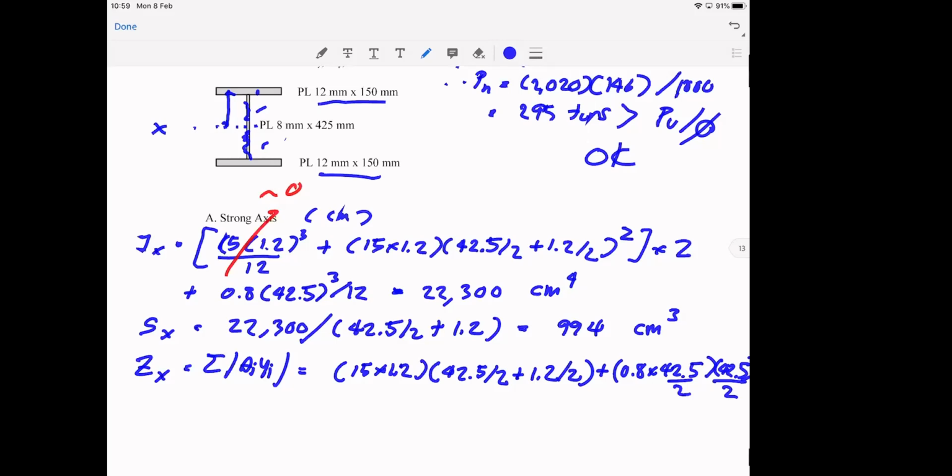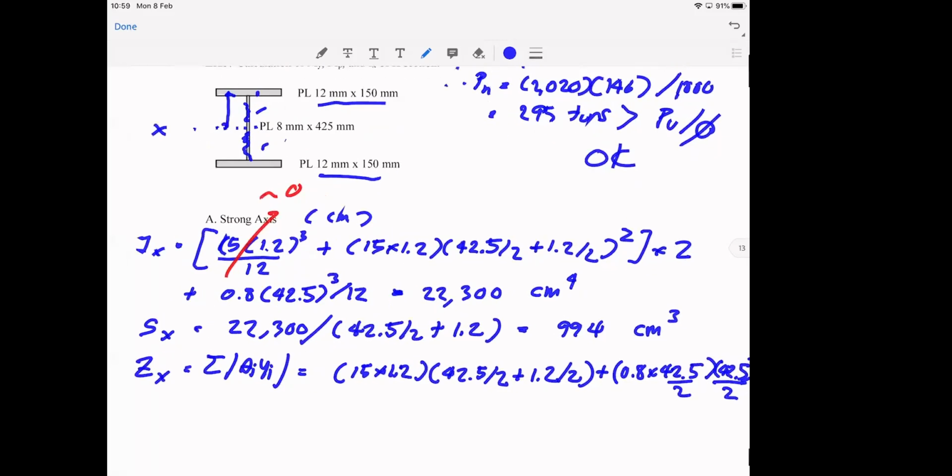And this entire thing is only for a half. So I did a bad job, I ran out of the area. So this entire thing must be multiplied by 2. And that is equal to, let's say, 1150 roughly.